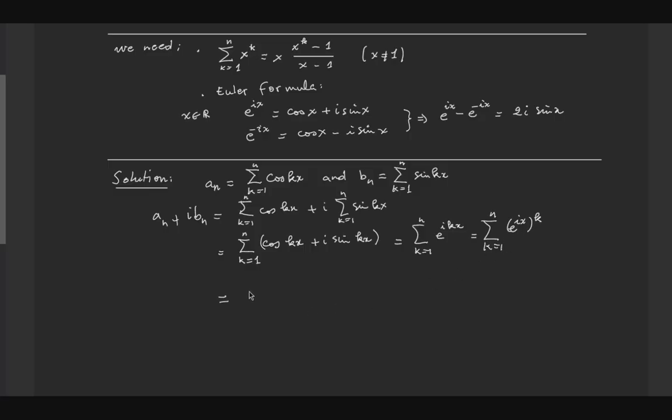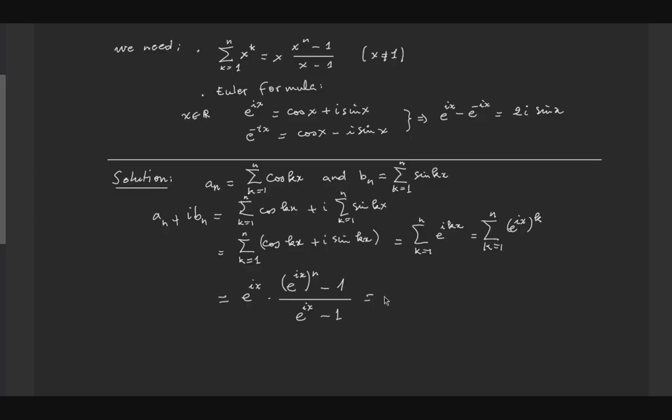So the sum is equal to e to the ix times (e to the ix) to the power n, well, that's n here, minus 1, over e to the ix minus 1, which is equal to e to the ix times (e to the inx minus 1) over (e to the ix minus 1).